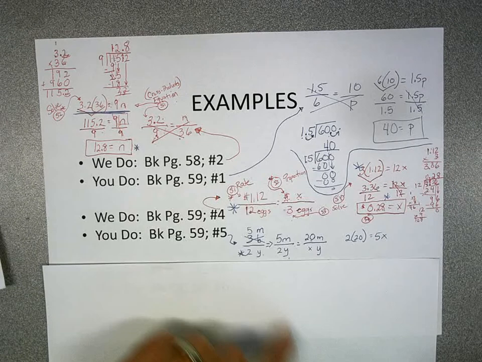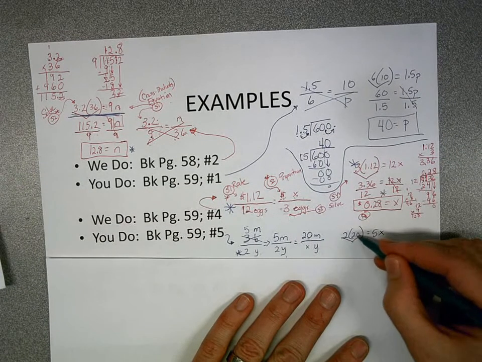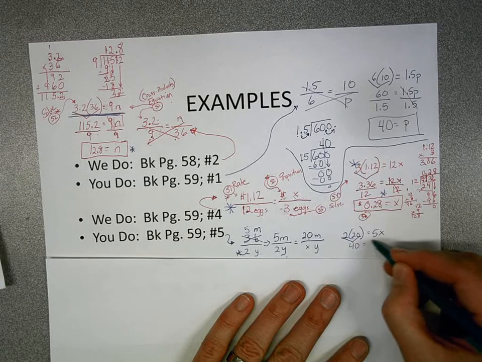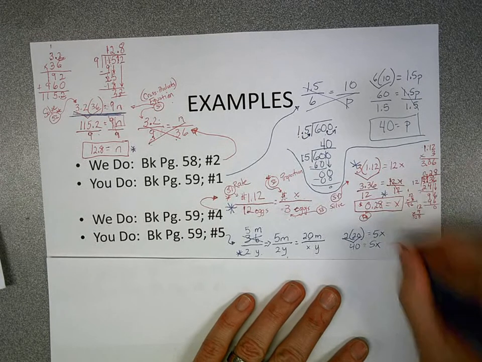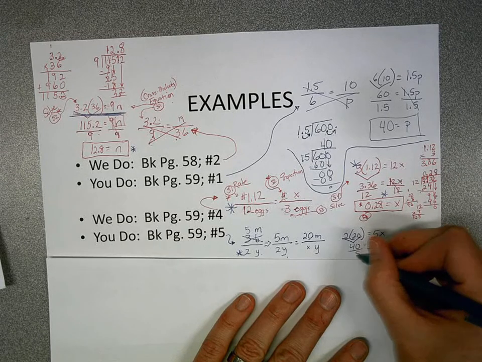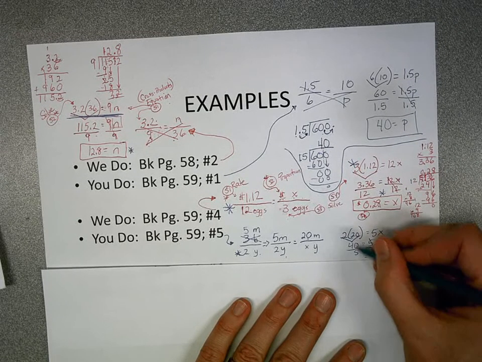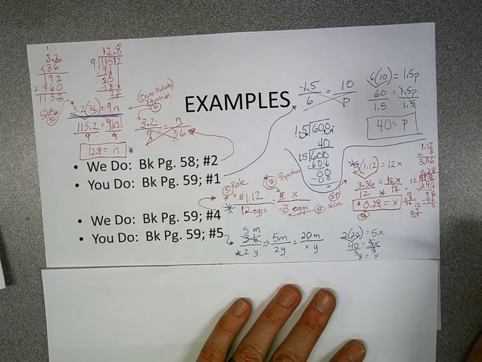Now I simplify. 2 times 20 is 40, equals 5x, and this is nice and easy. No major division here. We're going to divide both sides by 5, and x equals 40 divided by 5, which is 8.